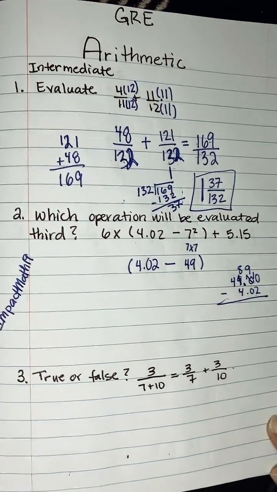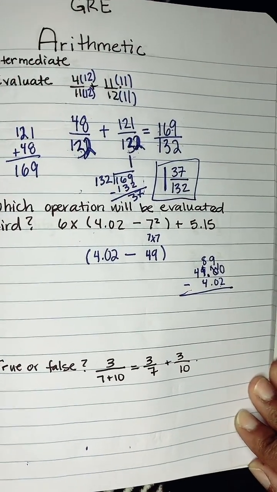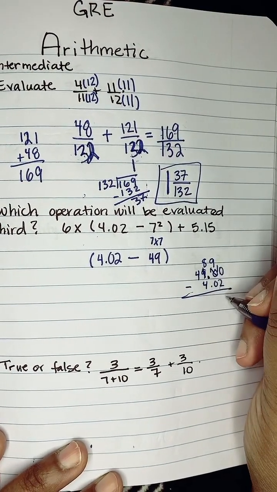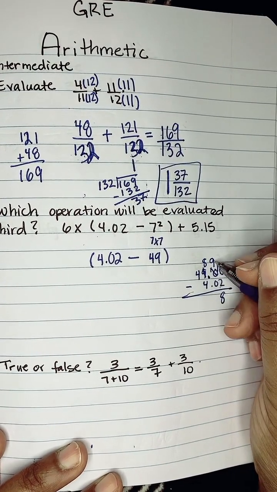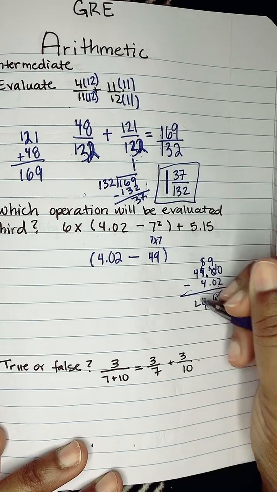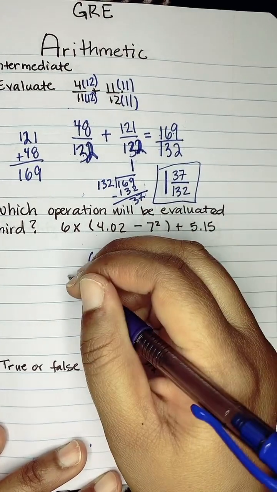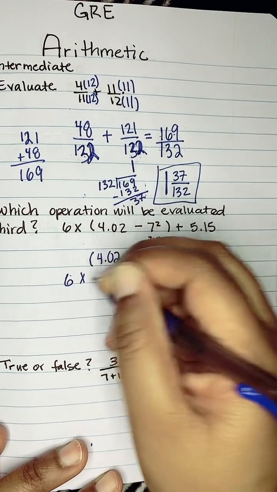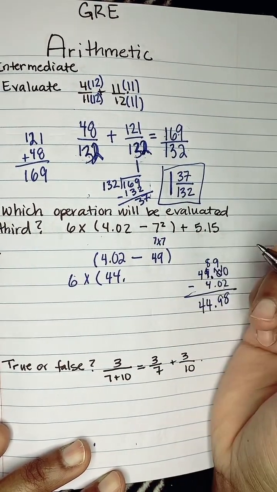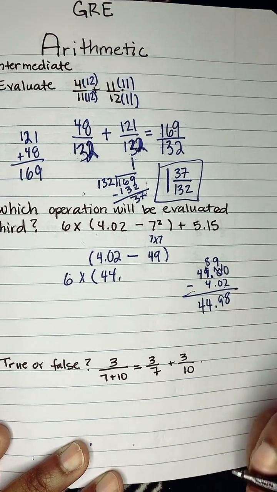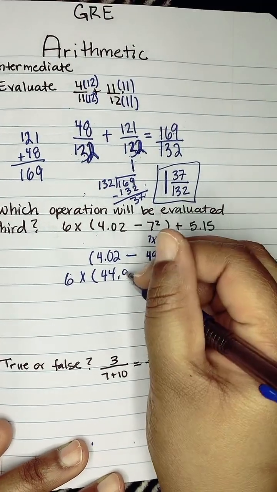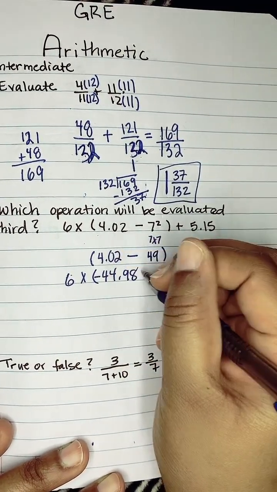So 10 minus 2 would give us 8. And then 9 minus 0 is 9. 8 minus 4 is 4. So this is 44.98, but negative.